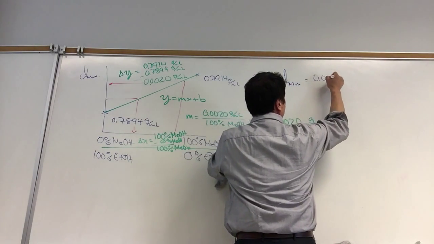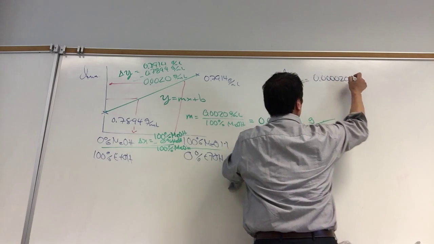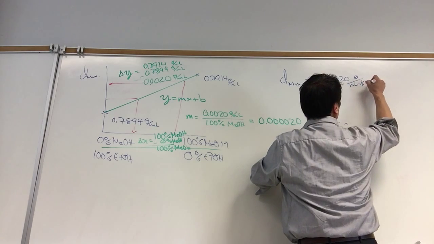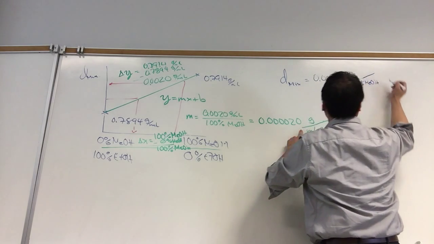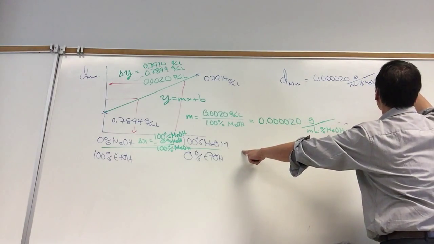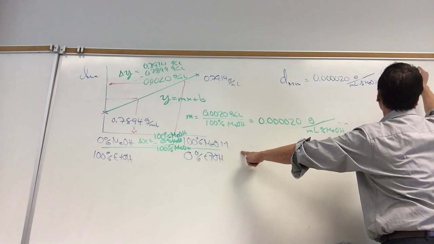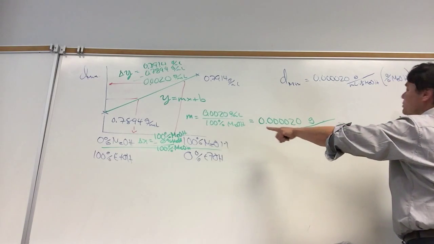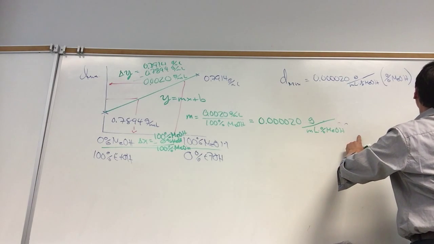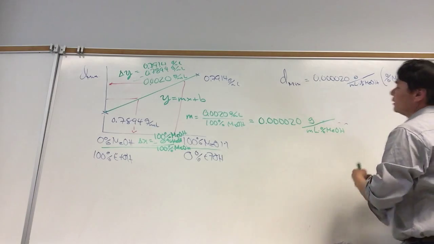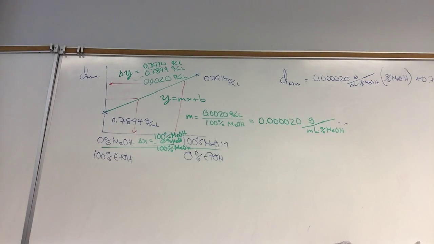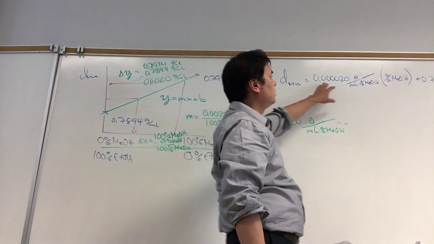The slope is going to be 0.000020 grams per milliliter per percent methanol, times the x variable, which is going to be percent methanol, plus the intercept, which is 0.7894 grams per milliliter. All right, so then I don't have to do graphical analysis. I could just use the equation of this line to solve.